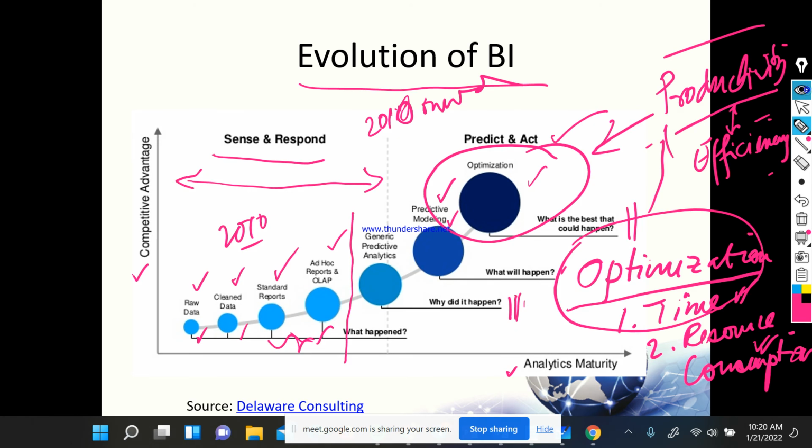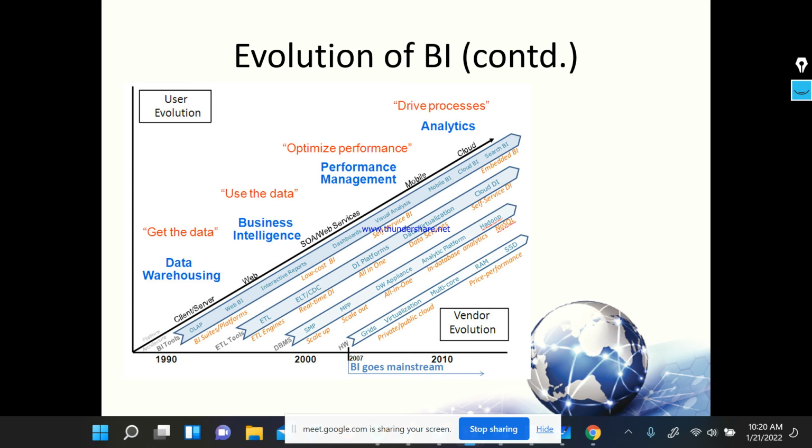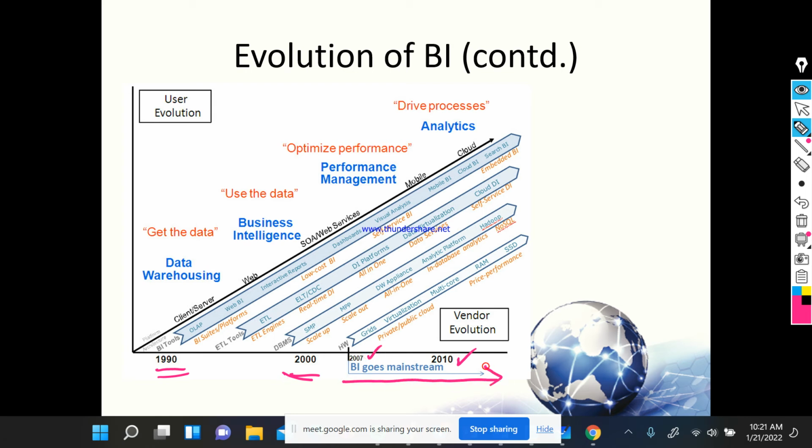So it's a very interesting scenario we discuss here, and then go from here to evolution of BI. Another slide just to discuss a little bit. You can see the trends here. You see the year, as I was telling you, the vendor revolution, 1990, then 2000, 2007, BI goes mainstream from 2007.